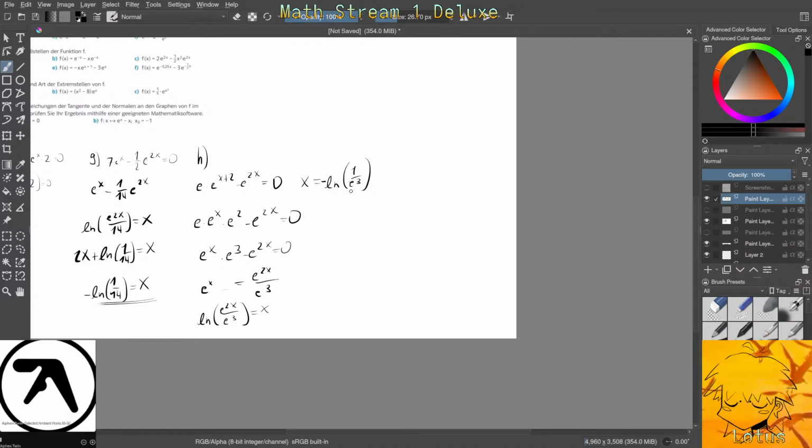Then we do minus ln of 2 divided by e to the power of 3, which is that's 3. But apparently it's only supposed to be 2.